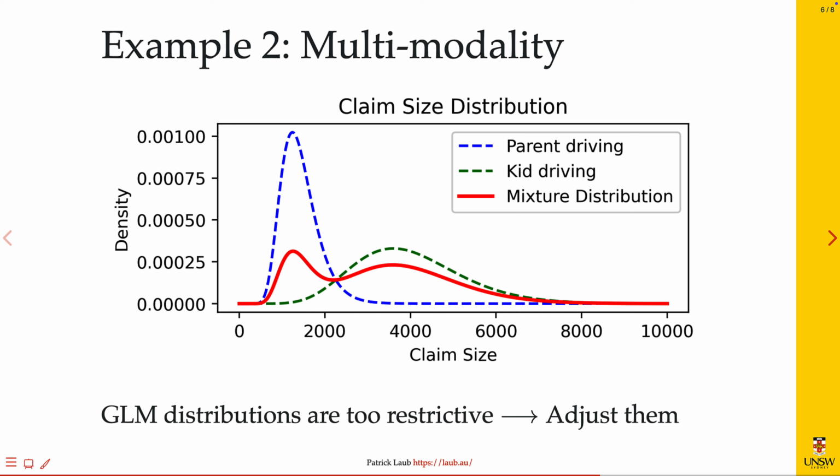The parent is very safe and generates a distribution like this of claim sizes, the blue curve, whereas the kid driving is of course reckless and generates larger claims. But from the insurance perspective, they get a mixture of both of these drivers. So there's this red distribution here that is the real conditional distribution that needs to be estimated, which is too restricted for a GLM.